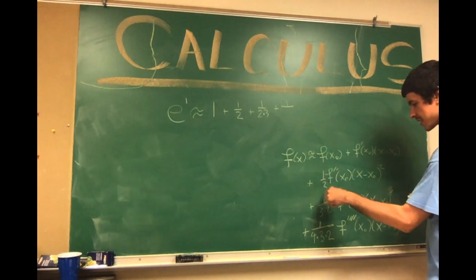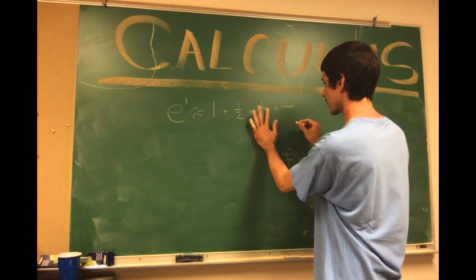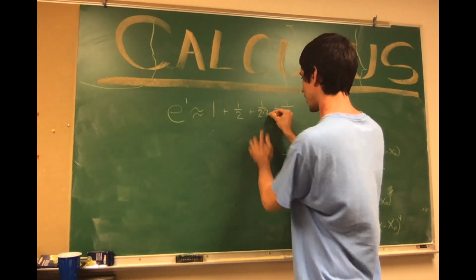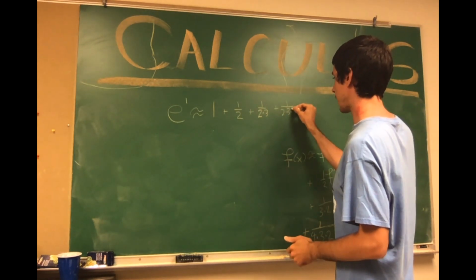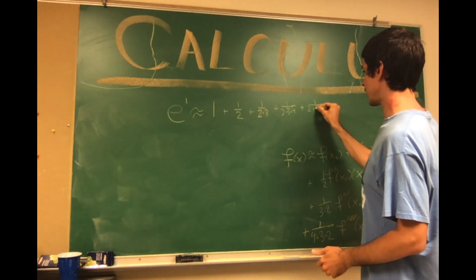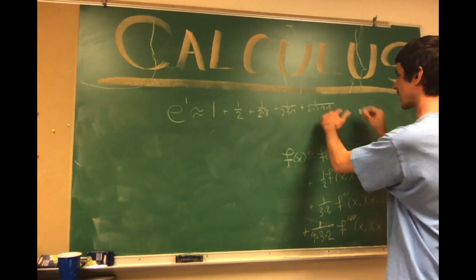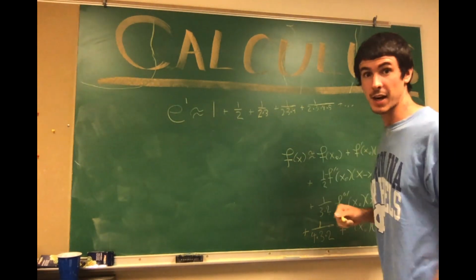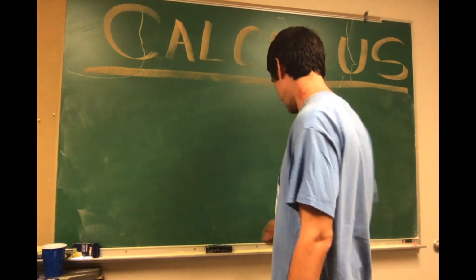So all that's going to matter is these coefficients right here. So this is going to be approximately equal to 1 over 2, then 2 times 3, then 2 times 3 times 4, and then 2 times 3 times 4 times 5. And you can just keep going like this all day, and you can get arbitrarily good approximations of e to the x.